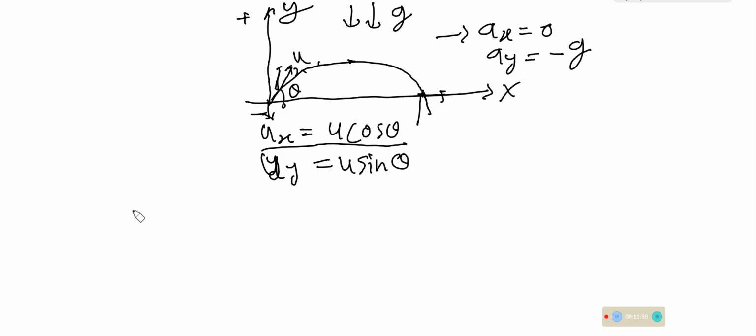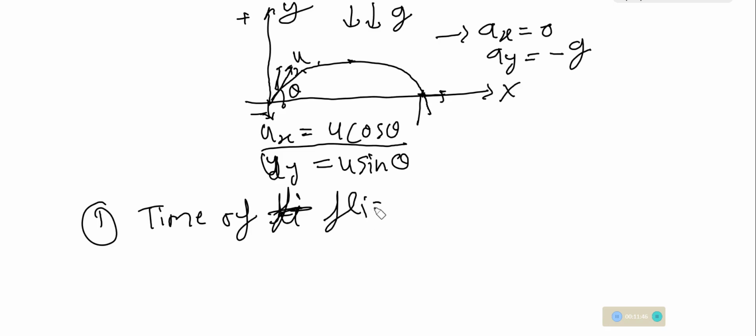And there are some applications of this projectile motion. First is time of flight. What is the time of flight?